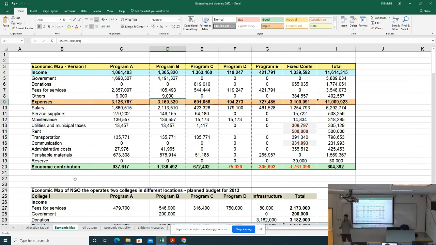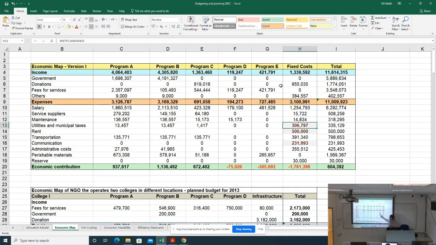Later on, in the other examples, and also in the exercise, we differentiated between fixed program and overhead, which is a better way to do that, because it's easier than to do the fixed cost allocation. Here, I have to define what is fixed program and what is overhead. And just for the sake of example, I defined the expenses which are marked. If you look at your files, they are marked with a red color.